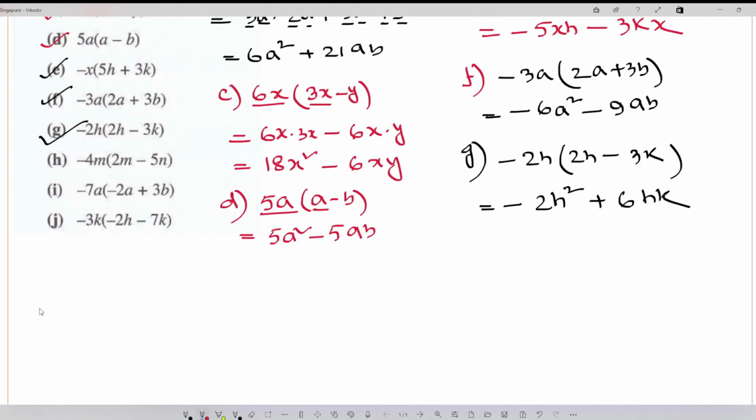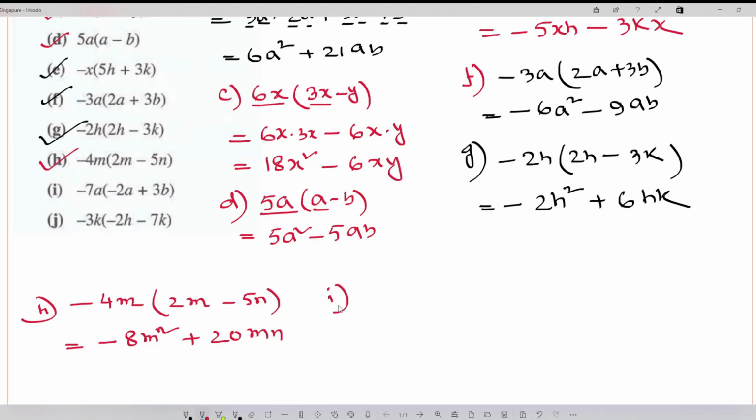Number H, here is minus 4m times (2m minus 5n). So minus 4 times 2 is 8, m and m is m square, minus and minus plus, 4 times 5 is 20, m and n is mn. Okay.